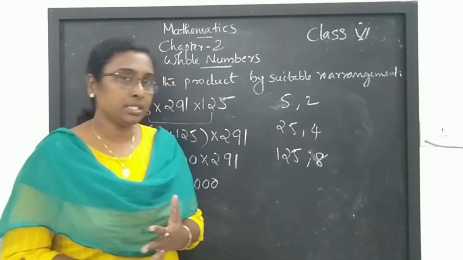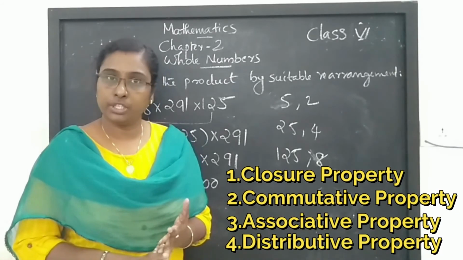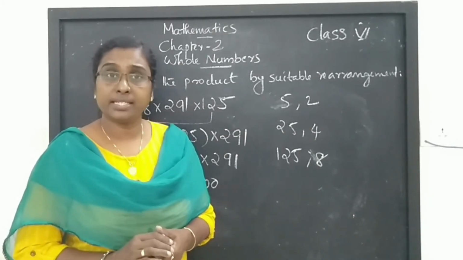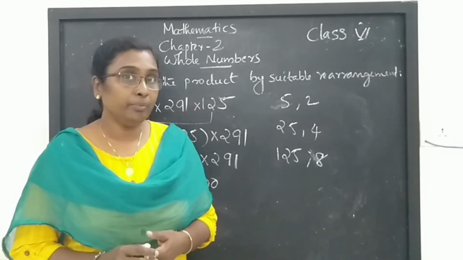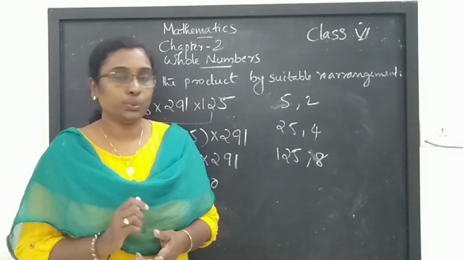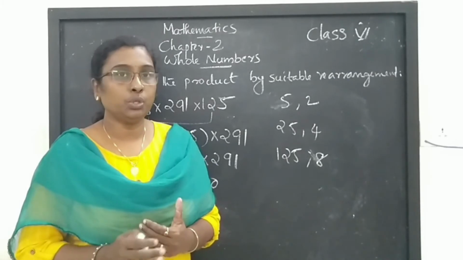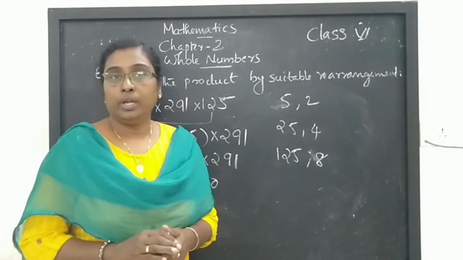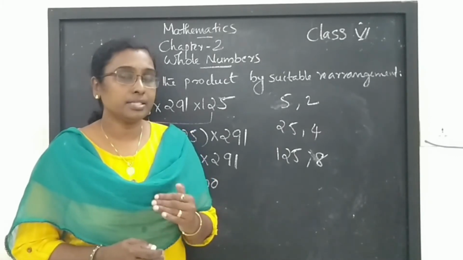Once again, in this chapter on whole numbers, we studied the properties of whole numbers. What are the properties? Closure property, commutative property, associative property and distributive property. Closure property states that if we add any two whole numbers, the answer will be a whole number. For addition, it is true. For subtraction, if we find the difference between two whole numbers, the answer will not always be a whole number. So, whole numbers are closed under addition but not under subtraction.